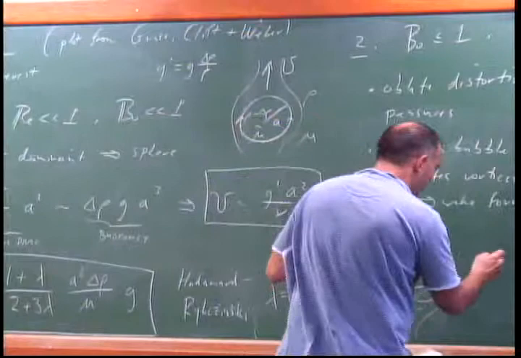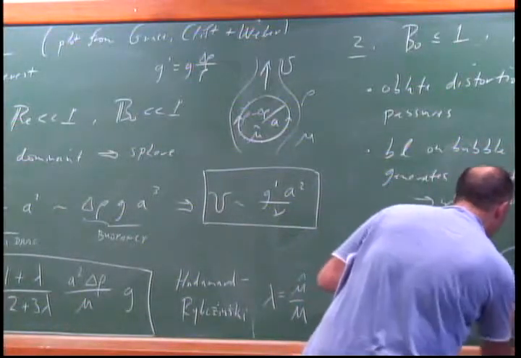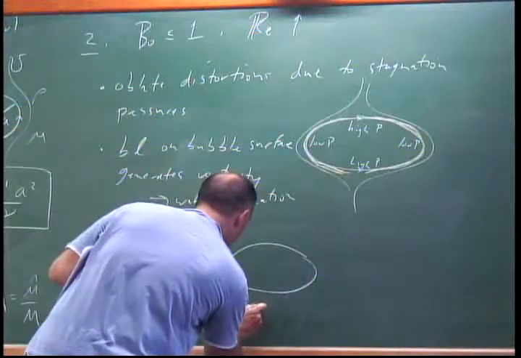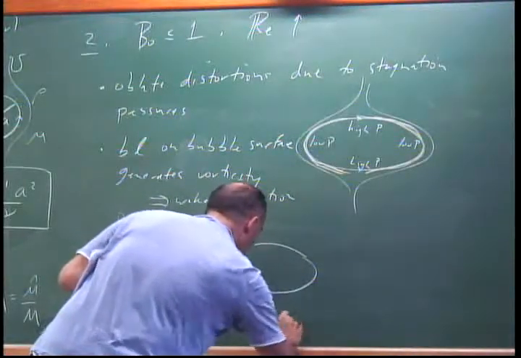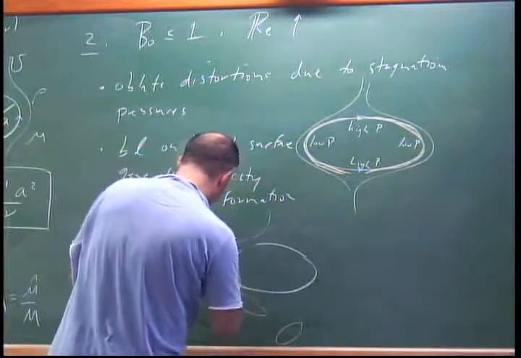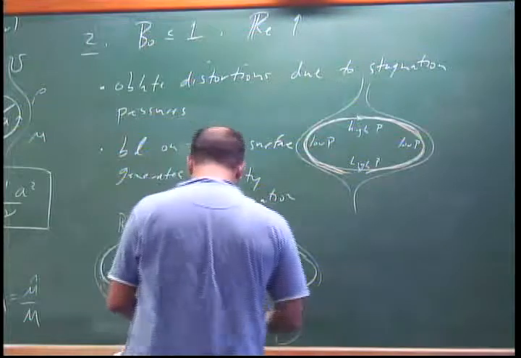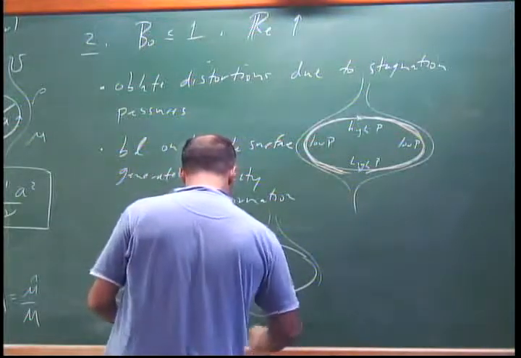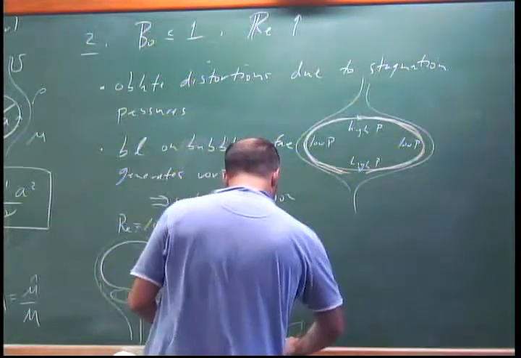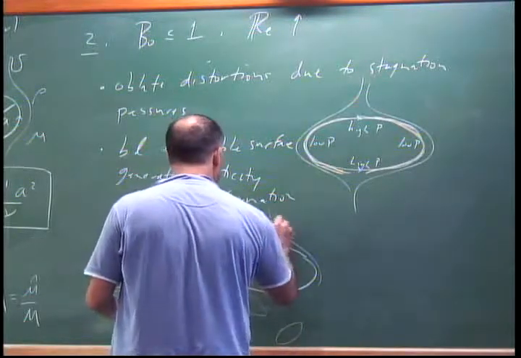So let me just draw this. Okay, so you then have it go unstable, and these things are shed one at a time. Okay, and so we have flow past this bubble. We have wake instability. So this is Reynolds number around 50.